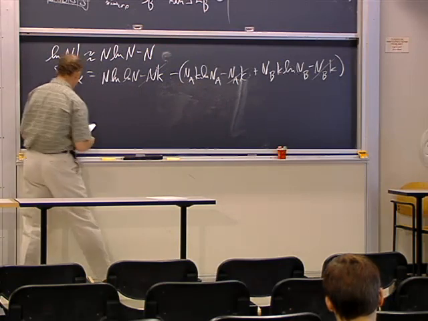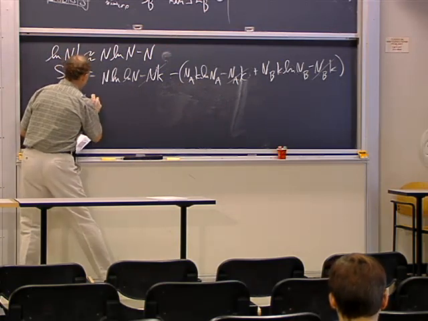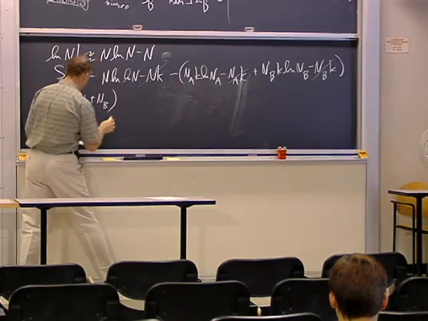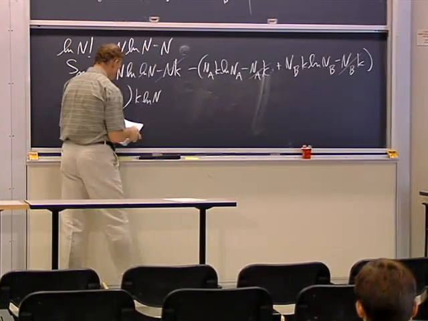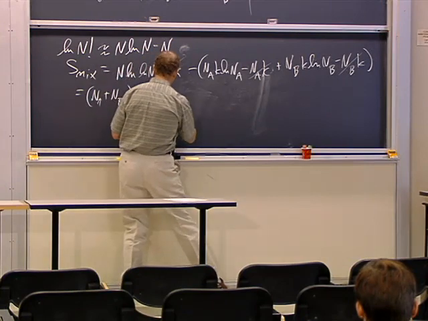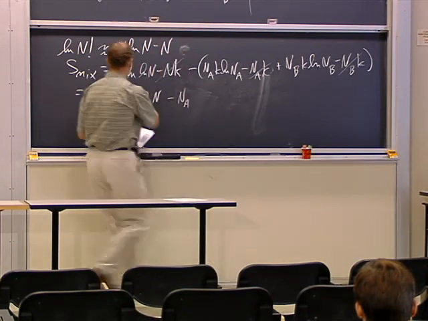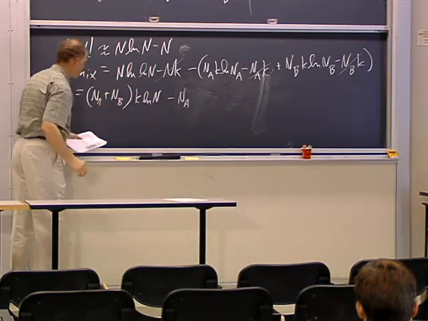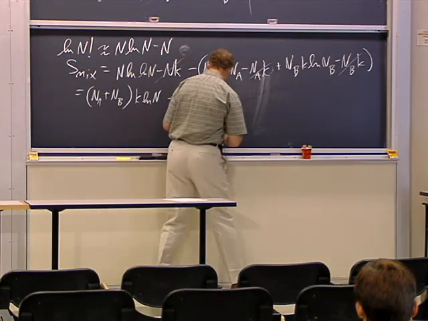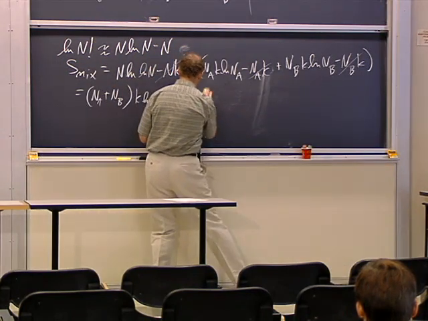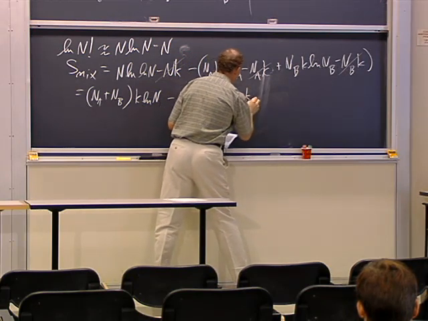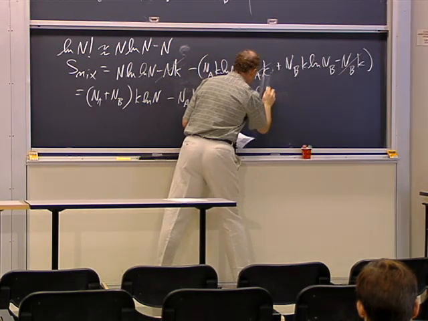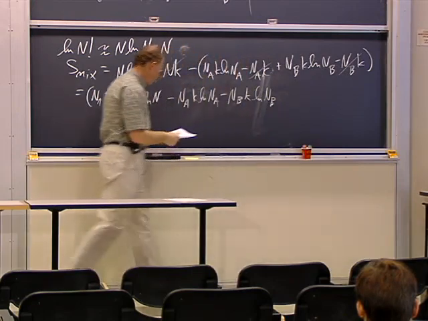So then we're left with na plus nb times k log n minus na, and I just want to write this way so that I can then separate the terms, minus na k log na minus nb k log nb.